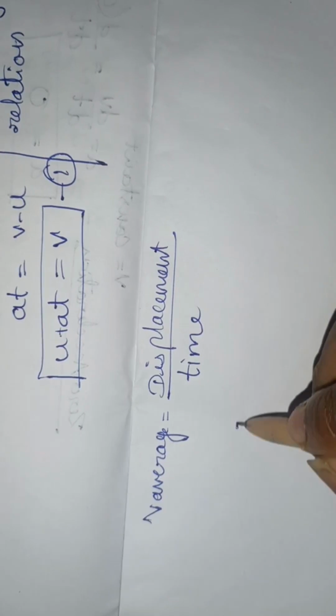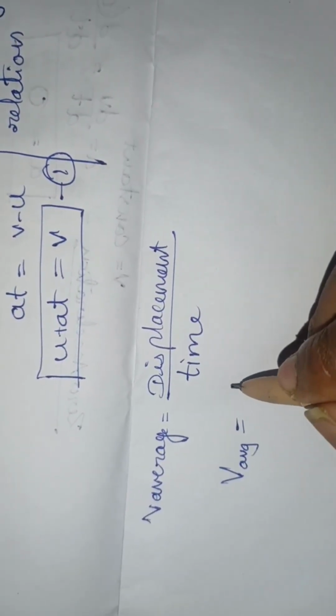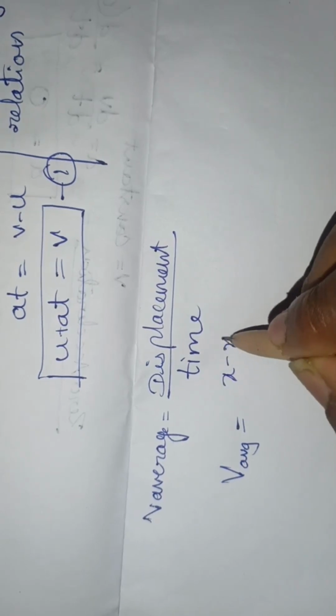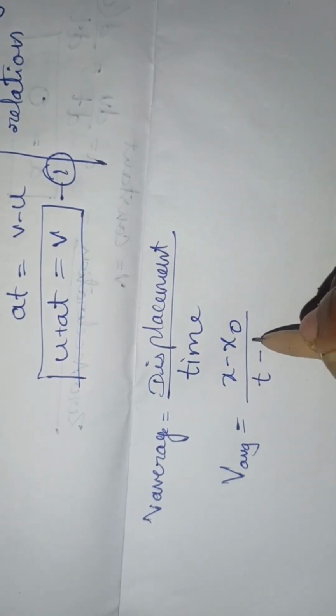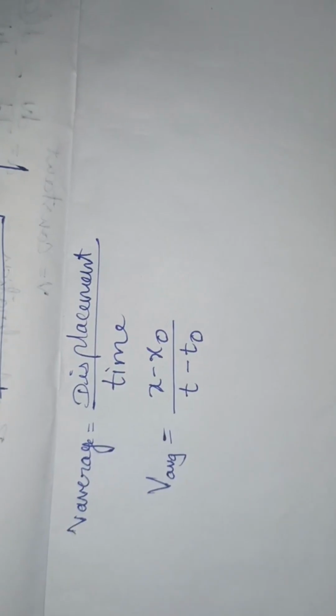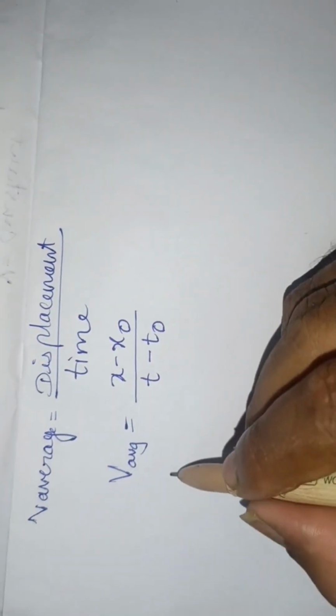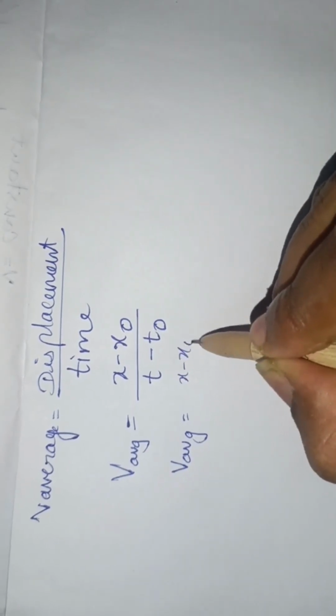So we can also write it as V average is equal to (x minus x naught) divided by (t minus t naught), where t naught is considered as 0. So V average is equal to (x minus x naught) divided by (t minus 0).